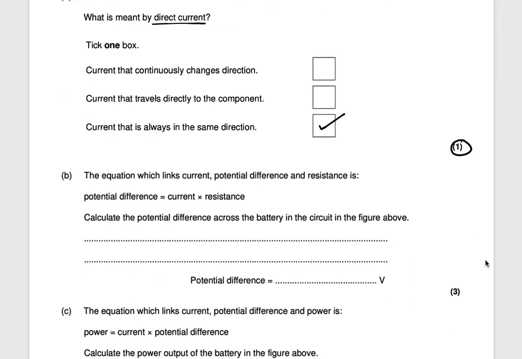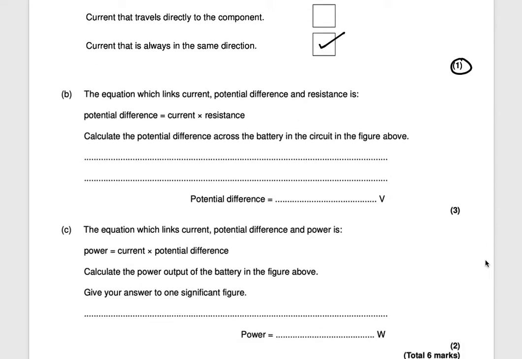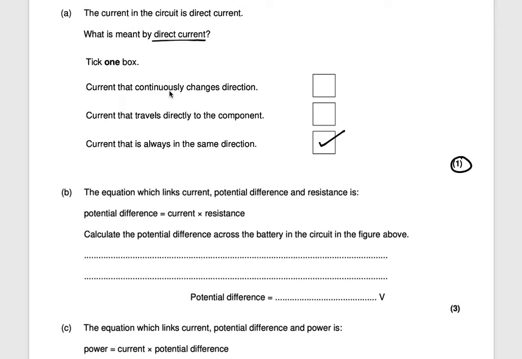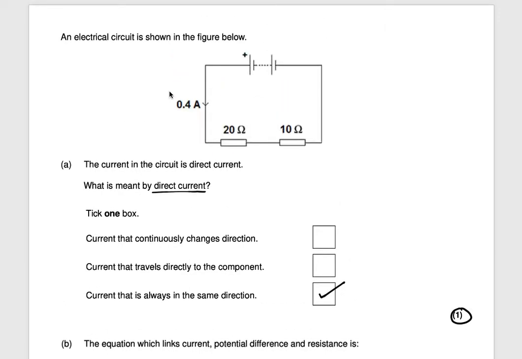Okay, next question. The equation which links current, potential difference and resistance is given. Potential difference is current multiplied by resistance. We need to calculate the potential difference across the battery in the circuit in the figure above. So remember, it's the total resistance because this is a series circuit. The total resistance adds up, so it's going to be 20 ohms plus 10 ohms, which is going to give 30 ohms, and we have the current there, which is 0.4 amps.